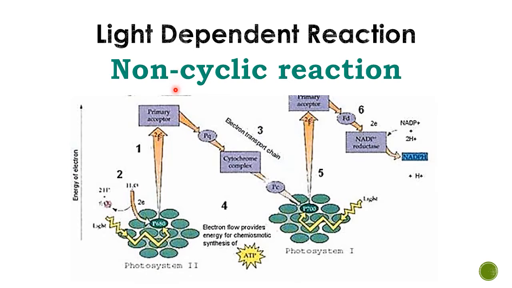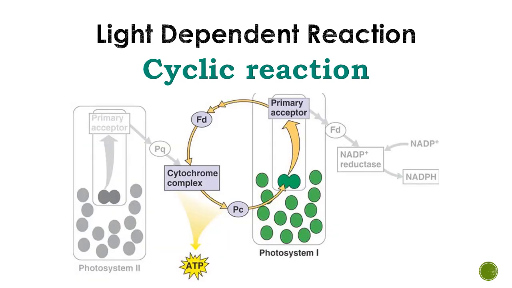There are two types of reactions in the light-dependent reaction. The first one is the non-cyclic reaction. This reaction is linear, where we have the first electron acceptor and the final electron acceptor, which is NADP+. The second reaction is the cyclic reaction. This reaction involves the electron being continuously used without any last electron acceptor.